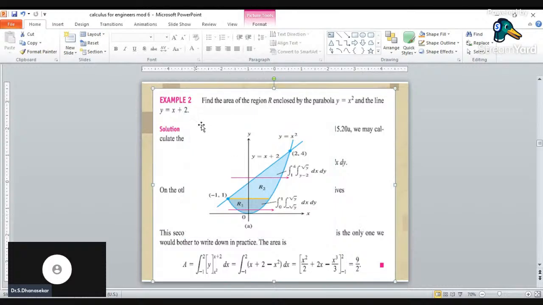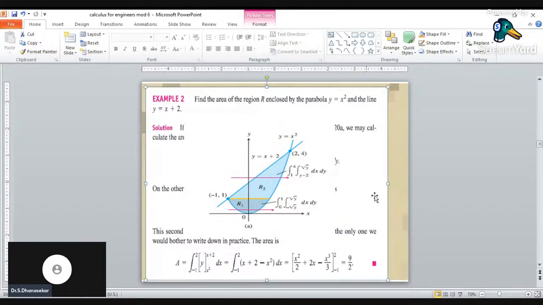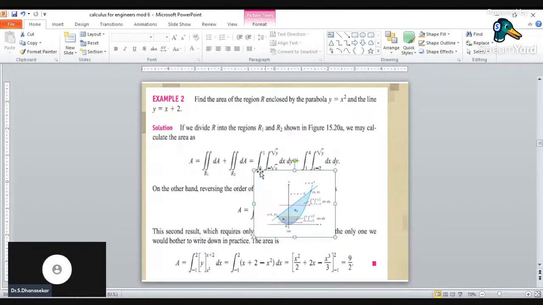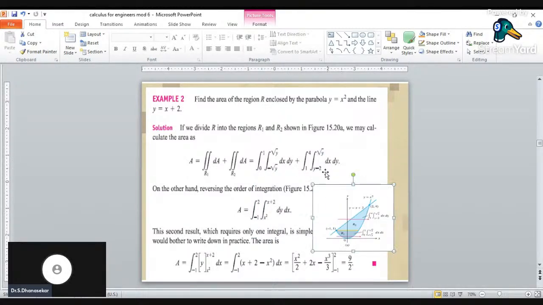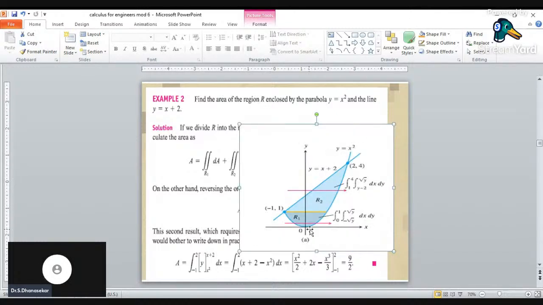Now, I will just minimize this. If I go for dx dy, I have two integrals: from here up to this you have one integral, and from this you have another integral. When I draw it, it starts at the negative part of this parabola and ends at the positive part.